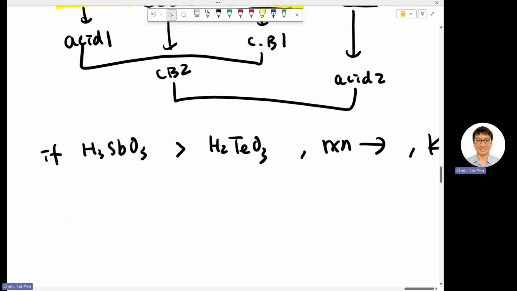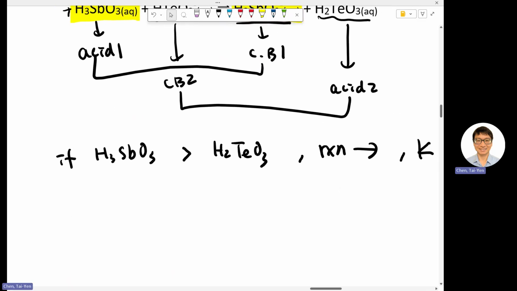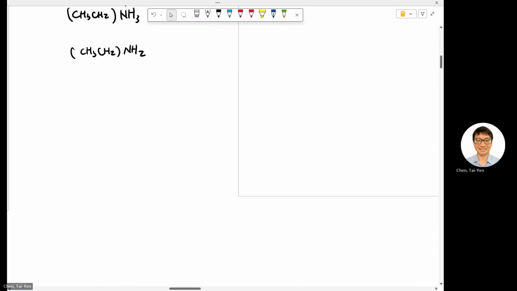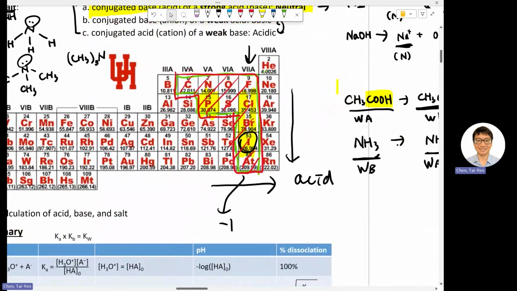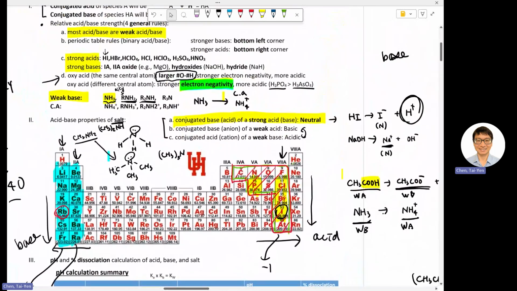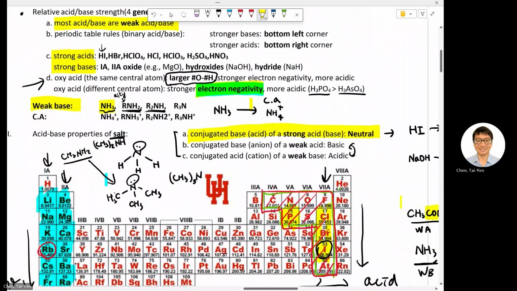Now you need to consider which one is stronger, H3SbO3 or H2TeO3. I want to refresh your memory. When we talked about oxyacids, if the center atoms are the same, all you need to do is count the difference between your oxygen and hydrogen number.